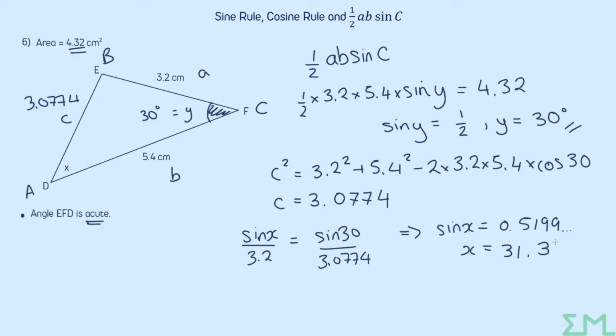And that's our final answer, so we can leave it as 3 significant figures. We can see from the question that it is acute. So we know we are done.